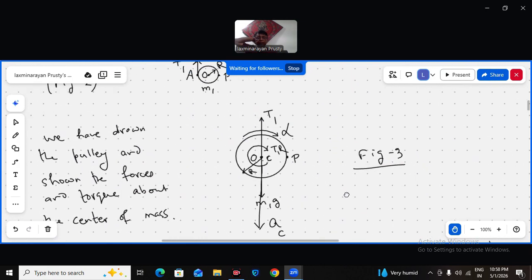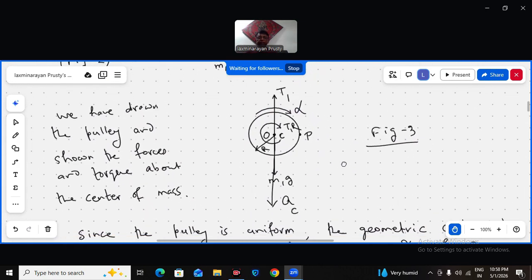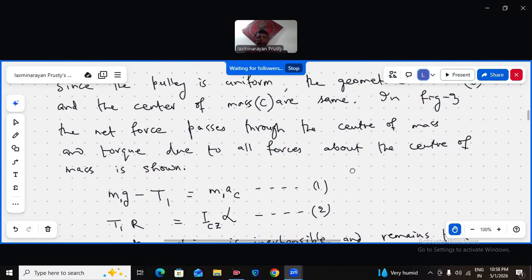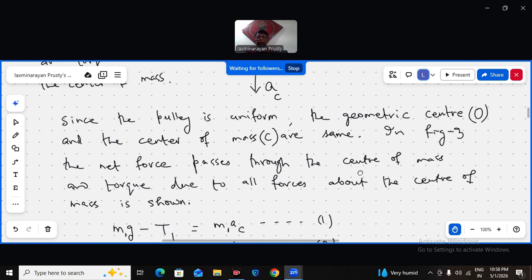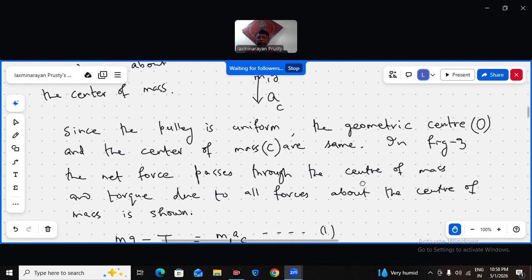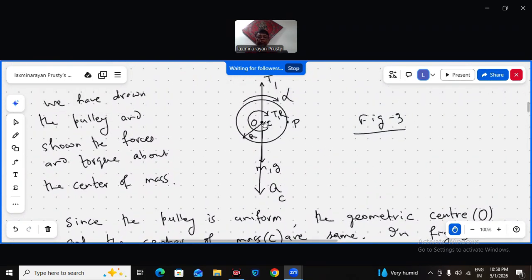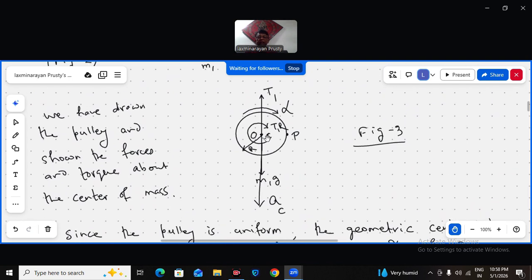So in this figure 3, what we have shown is the net force passing through the center of mass and the torque due to all the forces about the center of mass. I have shifted all forces to the center of mass, and while shifting, the torque due to all forces about the center of mass also I have written.